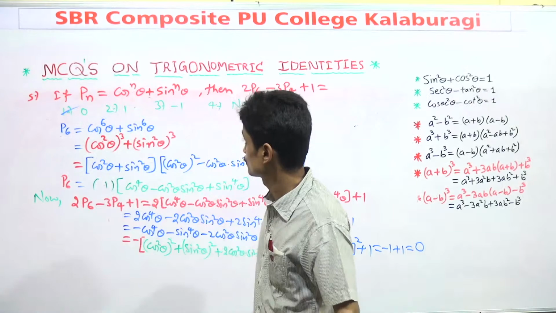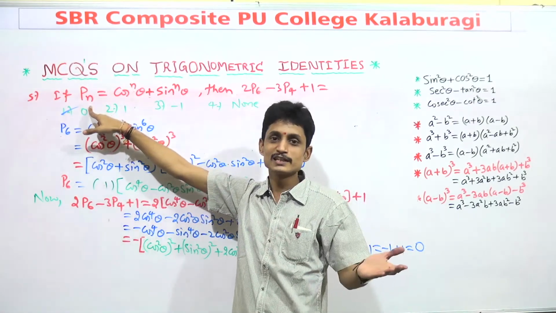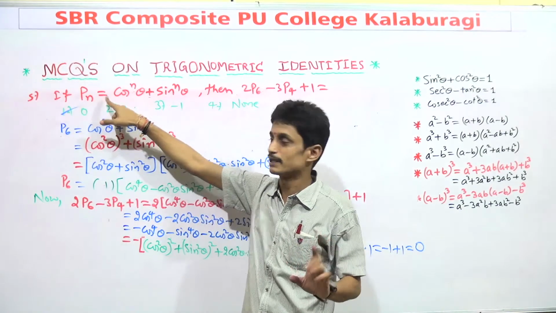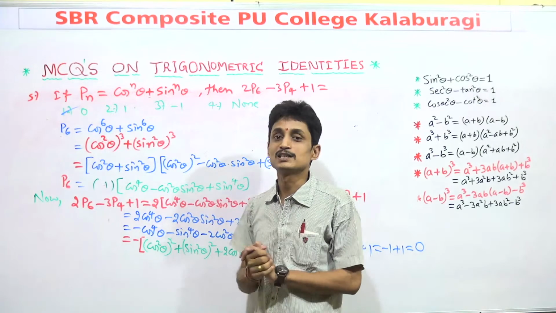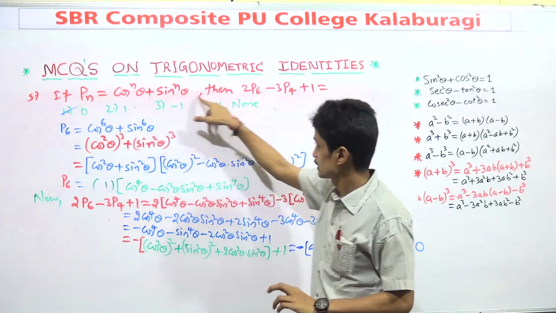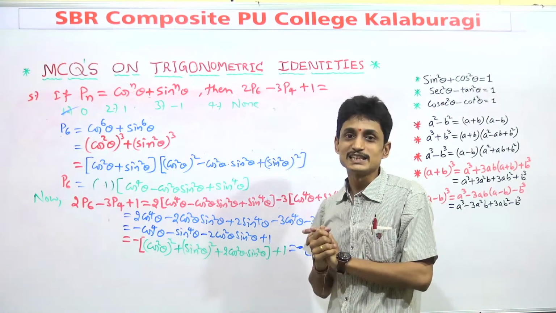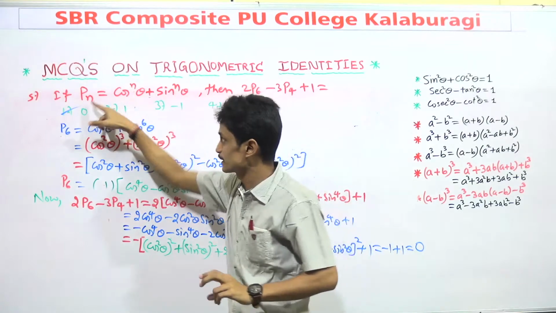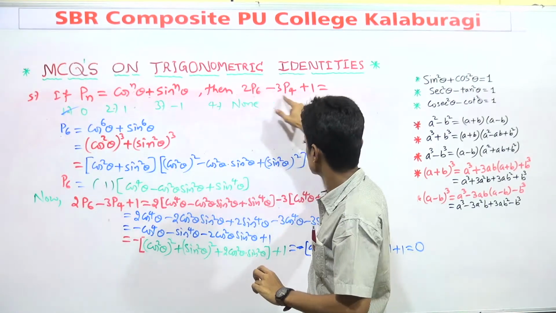Okay, look at once. What is Pn? Generally they give a Pn statement. On the RHS they give cos power n theta plus sin power n theta. Then we have 2 times P6. Here n can be any number, that's why I take 6, 4 like that.